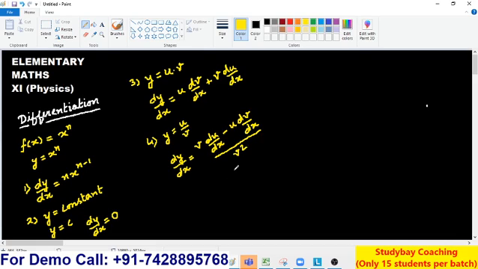Alright, now we are going to deal with a couple of trigonometric functions. Let's say y equals sin x, cos x, tan x and so on. I'm just writing the formulas: d by dx of sin x, you can also pronounce it as d dx of sin x, will be equal to cos x.